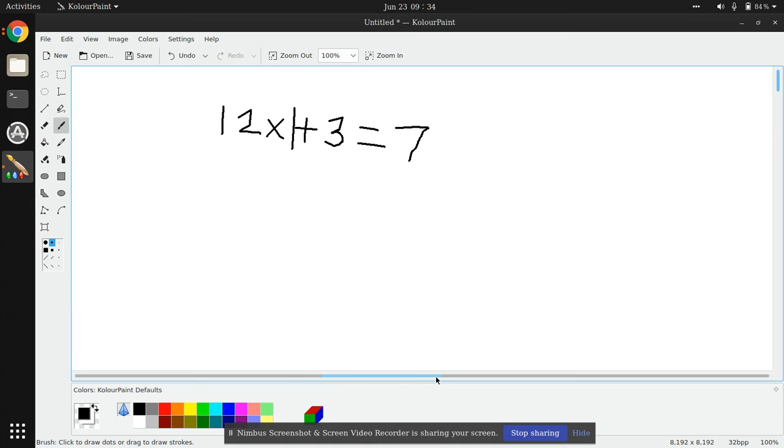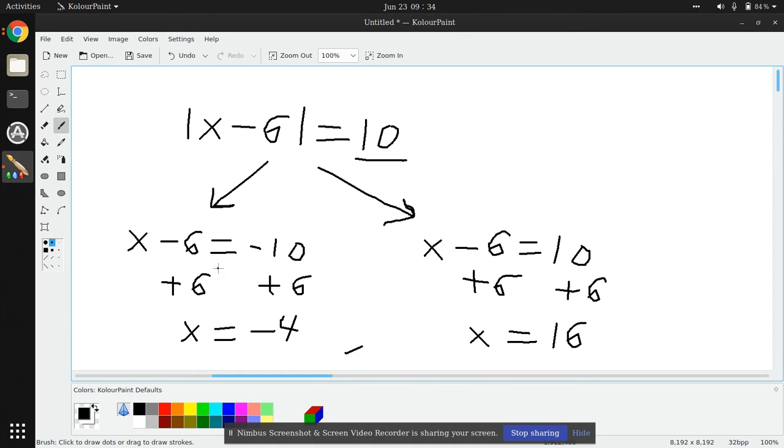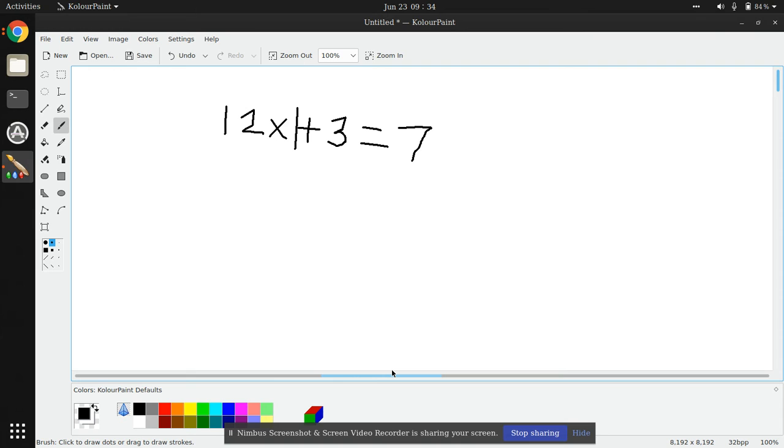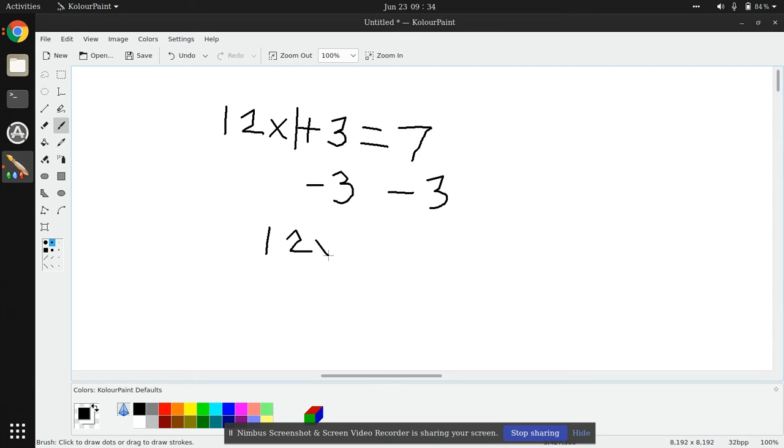For the next question, notice that the absolute value is not yet by itself, where in the previous question, the absolute value was already all by itself on the left side. So our first step is to get the absolute value by itself on the left side. To do that, we will subtract 3 from both sides of the original equation, leaving us with absolute value of 2x equals positive 4.